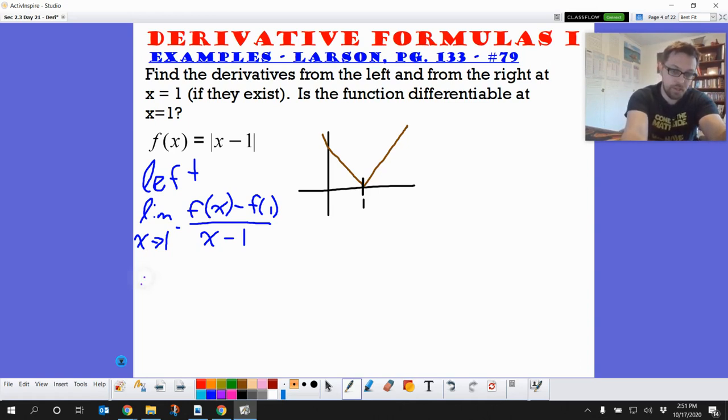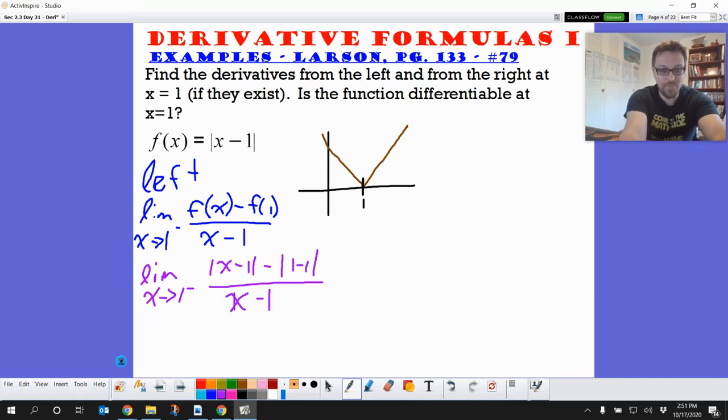So that's the limit as x approaches 1 from the left of f of x, which is the absolute value of x minus 1, minus the absolute value of 1 minus 1, all over x minus 1.